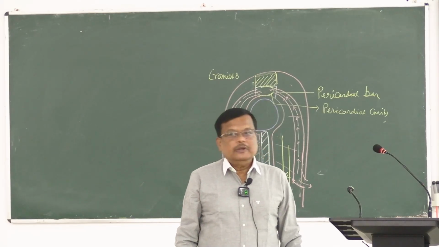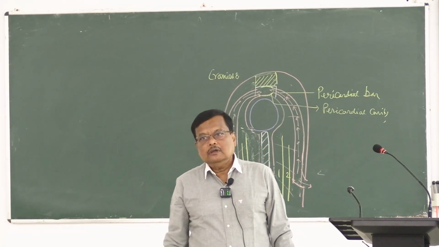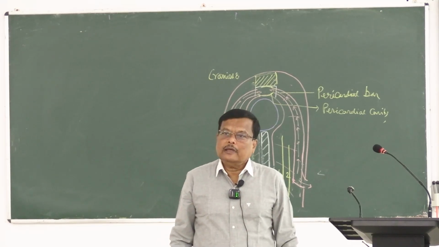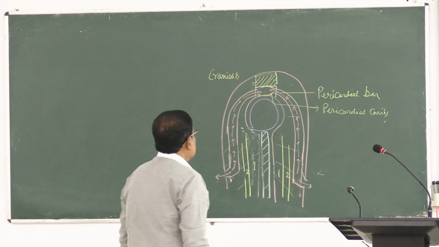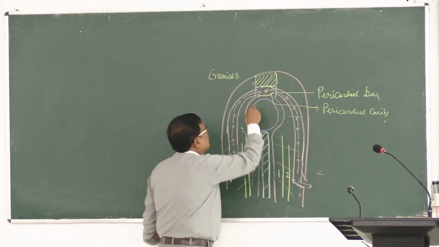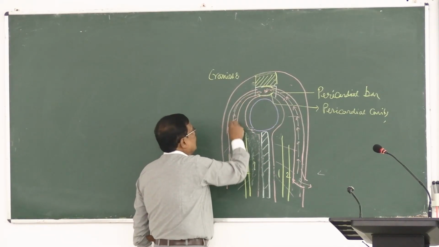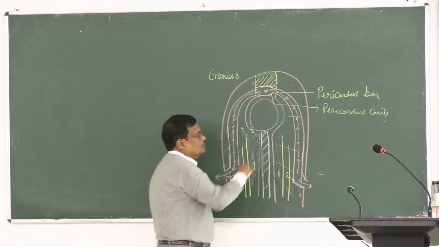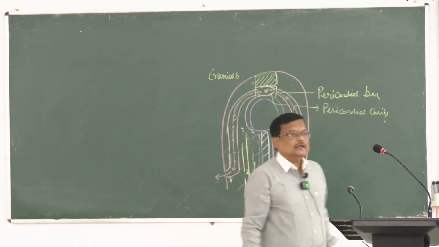Right? Pericardial cavity, pleural cavity, and we call the peritoneal cavity. This pericardial cavity will form the pericardium of the heart. This part will form the pleural cavity, and this will form the peritoneal cavity.